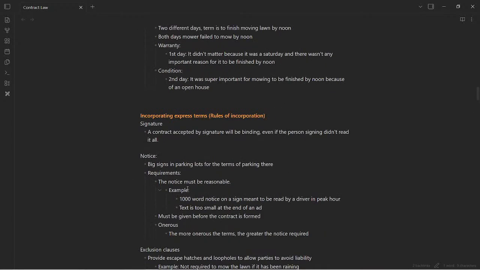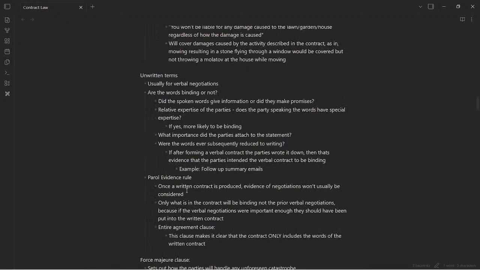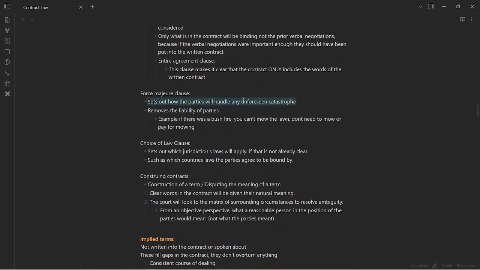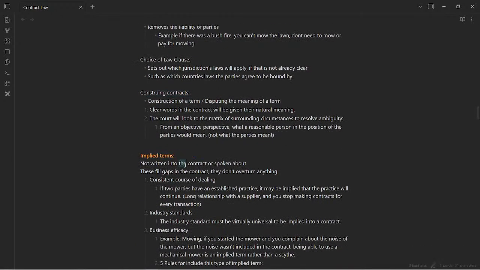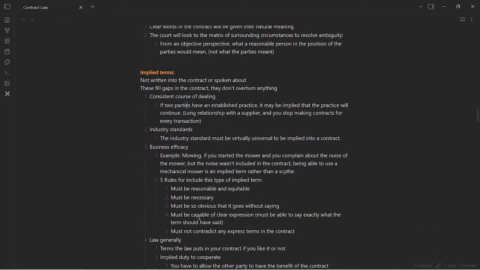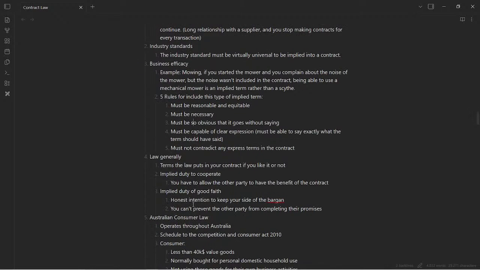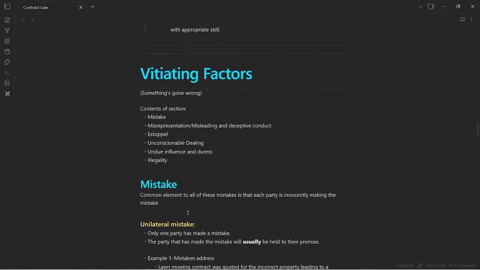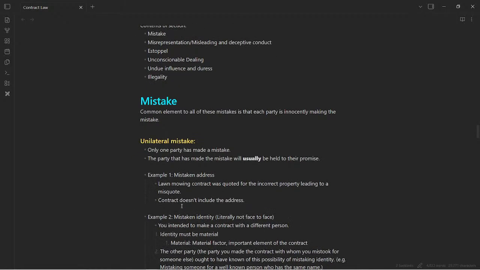Certainty and completeness. Vitiating. Factors.